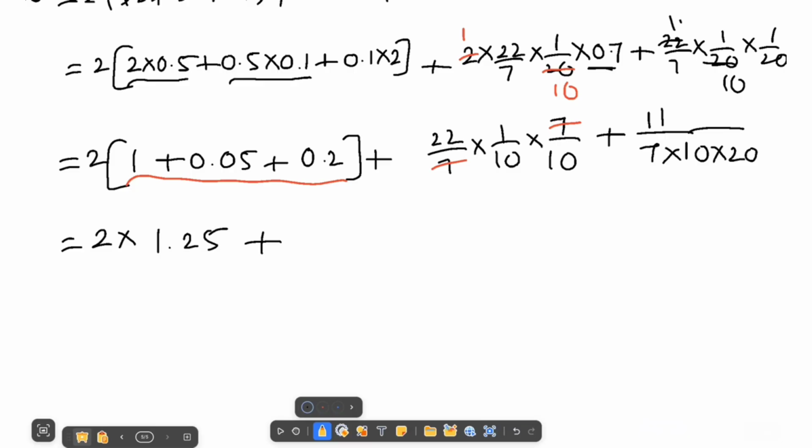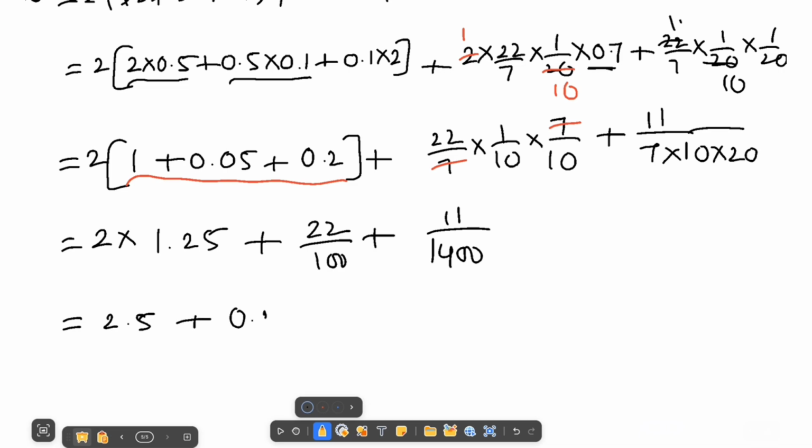Now we'll have 22 by 100, 10 into 10 is 100, plus here we'll have 11 by 7 into 10 into 20, so 200 into 7 is 1400. So it is equal to 2 into 1.25, which is 2.5, plus 22 by 100, 0.22.